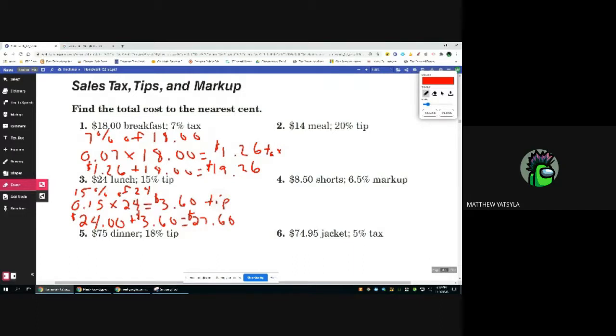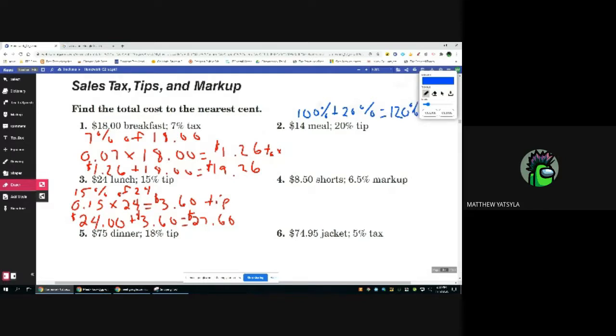Now, there is another way of doing this. If we think of your meal, we change colors here. If we think of the meal as 100% of the price, I would have this as 100%, and I'm adding another 20% to the price. So compared to what I'd normally be paying, I'm actually paying 120%.